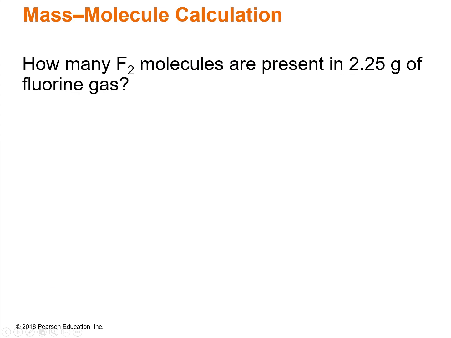Let's try another example. How many fluorine atoms are present in 2.25 grams of fluorine gas? Fluorine molecules. That doesn't have a number. That's what we want to know. 2.25 grams.